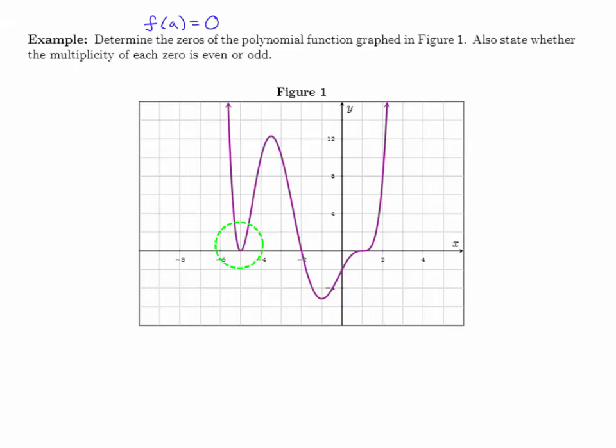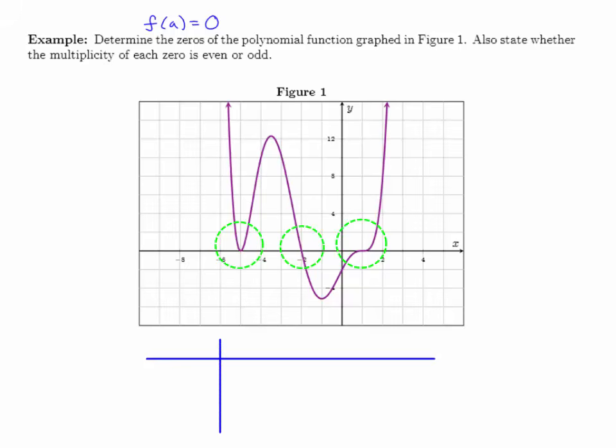And again, at -2, that function value is 0. And lastly, we see it at 1 as well. So we know then that the zeros of this function are going to be -5, -2, and 1. So let's get all of those down first.